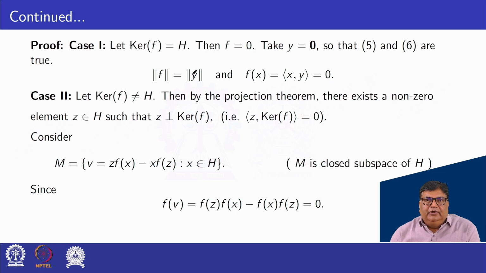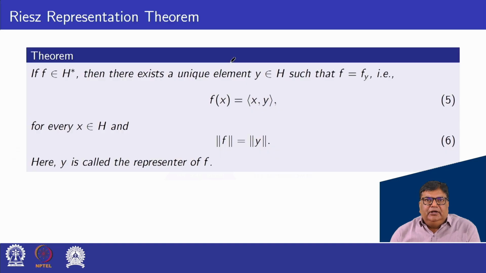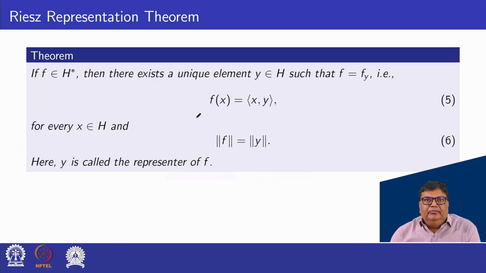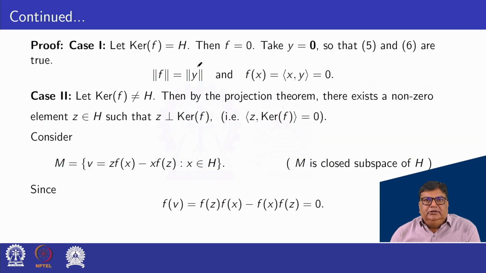Okay, y is equal to 0, that is, norm y is equal to 0, and here kernel f is equal to H, so fx is equal to 0, that is, f is the 0 function, so norm f is also 0, that is, this is true. And again fx is equal to 0, okay, because the kernel of f means fx is equal to 0, and the left side is 0, and it is defined as the inner product of x, y.